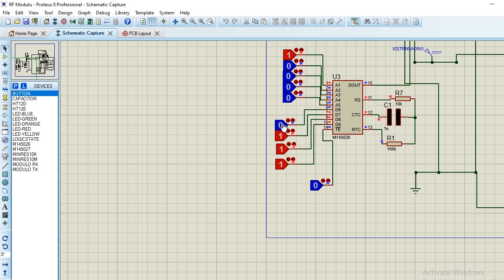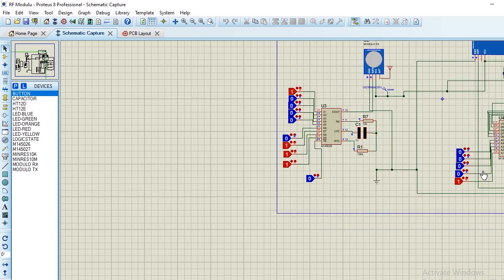So the logic signal is low. And if you watch this address line, A1 to A5, this is 10000, as in high low. This 0 means low, this high means positive voltage.